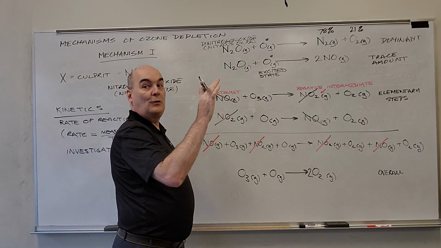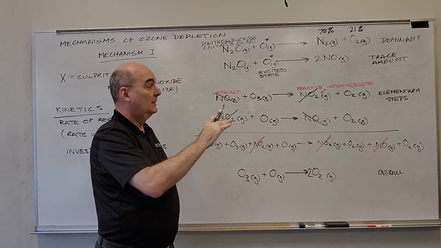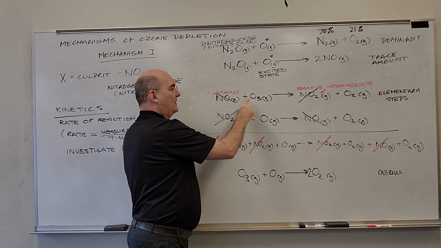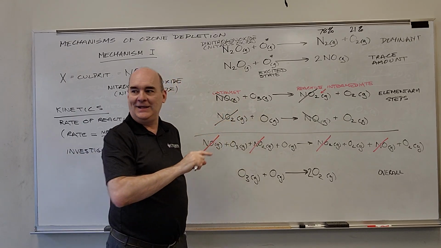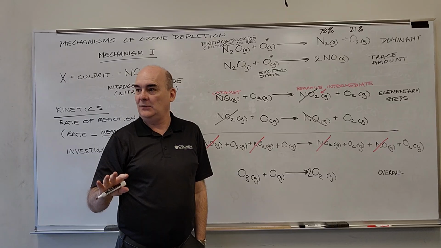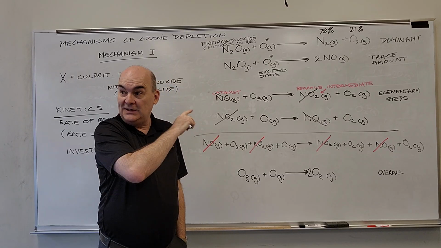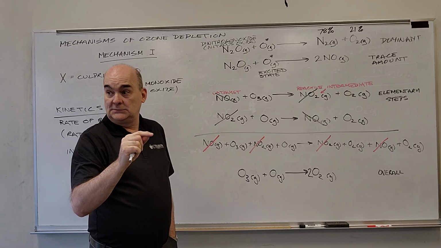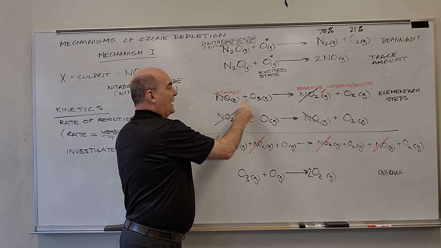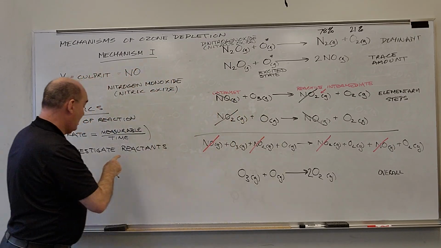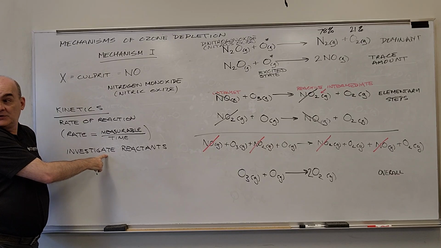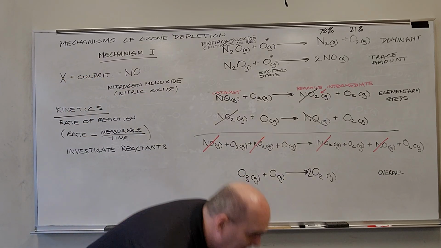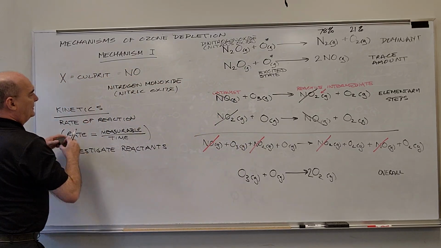The overall rate of any elementary step is the concentrations of its reactants. You don't have to do the kinetic study. If these are true elementary steps, then their rate law just follows whatever the reactants are. And we only follow what the reactants are doing because it's the reactants that are doing it. Okay? So, let's build a rate law.